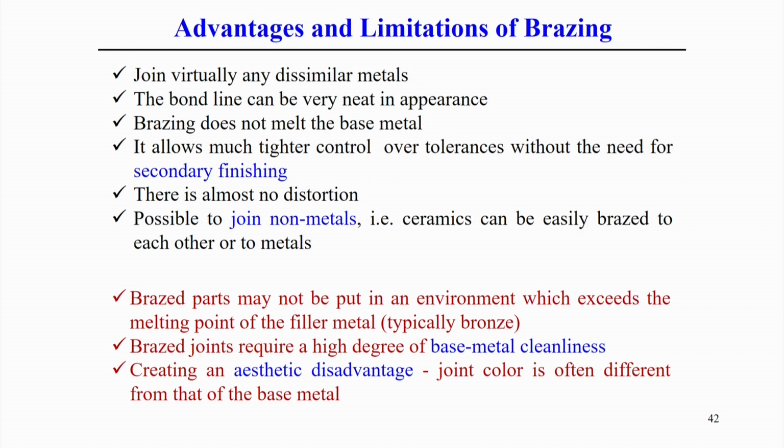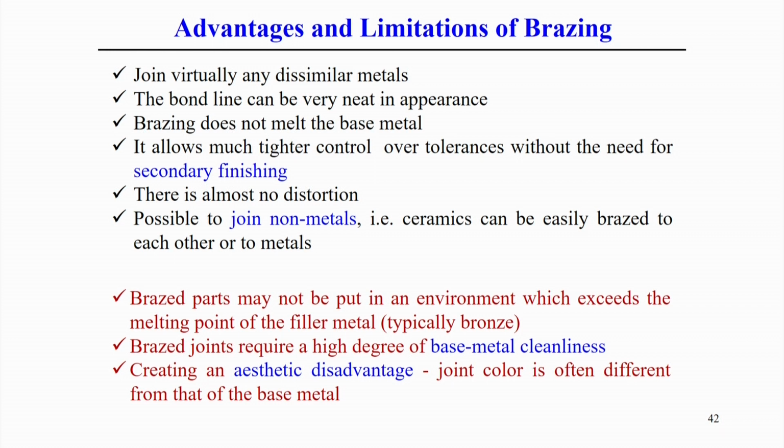So, in the brazing process no secondary finishing operation may be required, which is sometimes needed in other welding processes. Of course, there is no distortion or almost no distortion in this process, and the brazing process is also applicable to join non-metals.